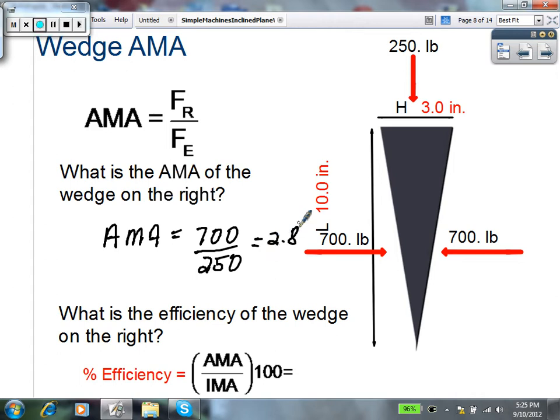So we had the ideal mechanical advantage of 3.3, the actual mechanical advantage of 2.8. Calculating the efficiency, the actual mechanical advantage, 2.8, divided by the ideal, 3.3, times 100, is going to equal 84%.